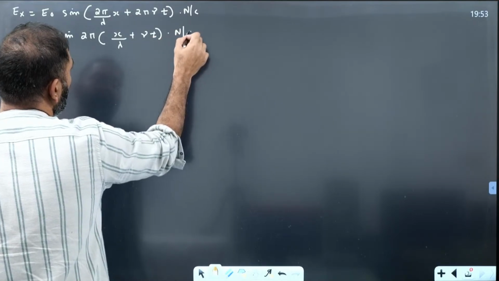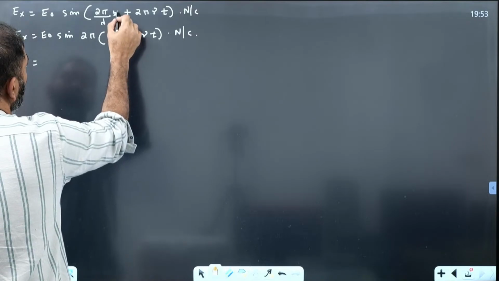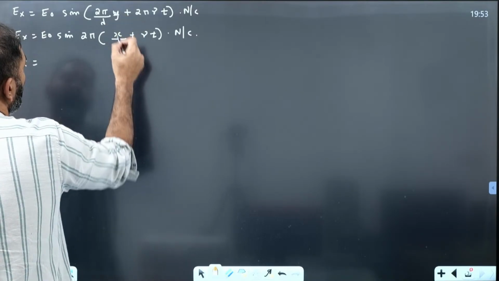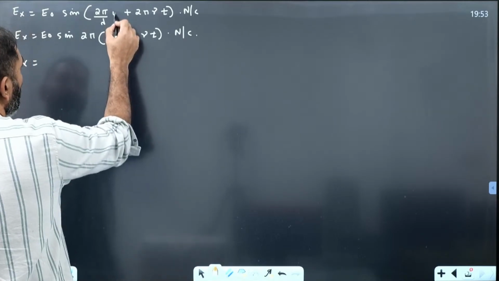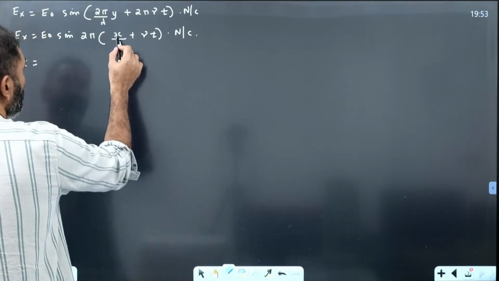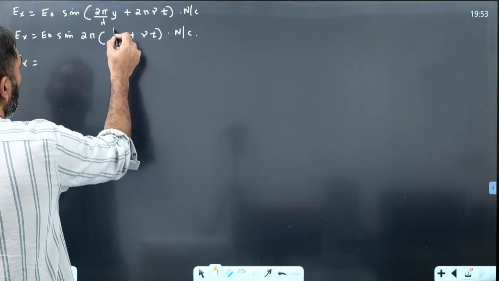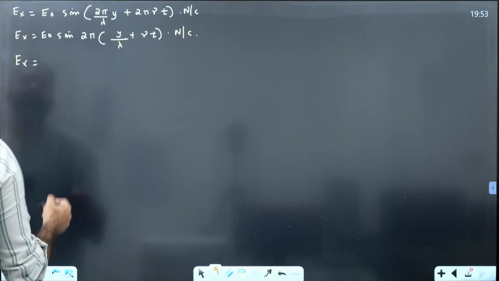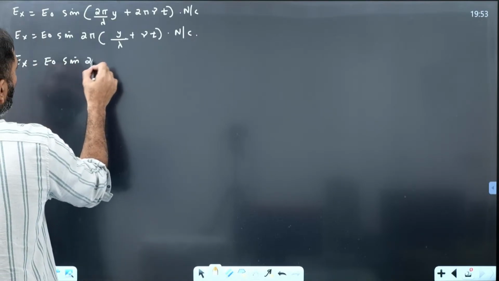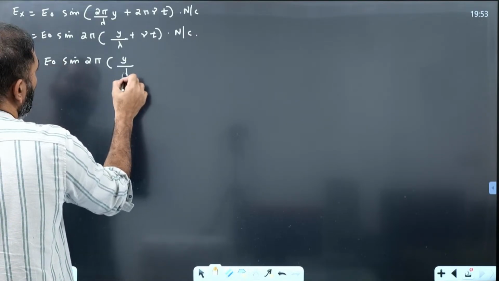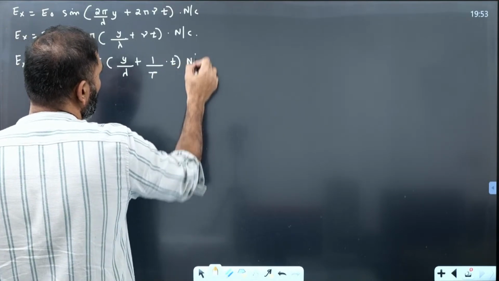Not x here, it should be y, because the electric field is in the x direction, so the direction of propagation cannot be the same. The direction of propagation has to be any other direction than x. So Ex is equal to E0 sine 2 pi y by lambda plus, instead of nu I can write 1 by T into t, Newton per Coulomb.